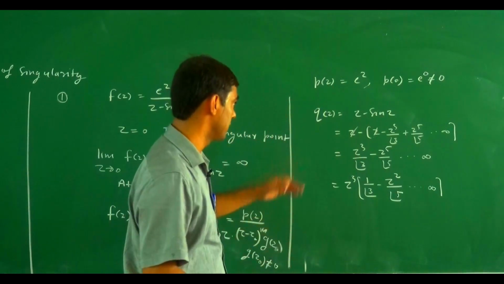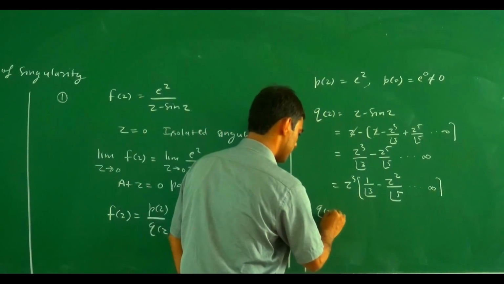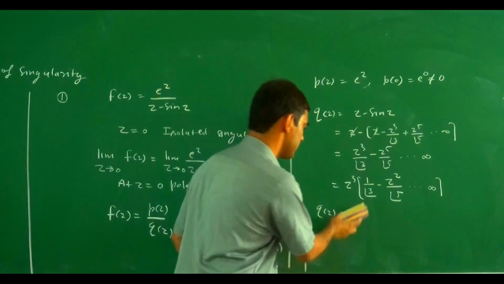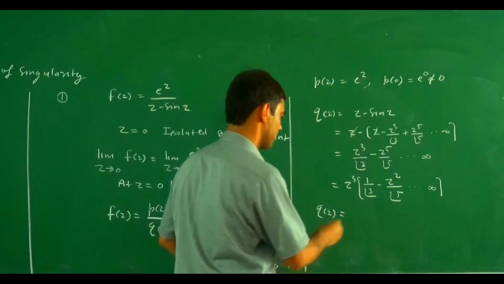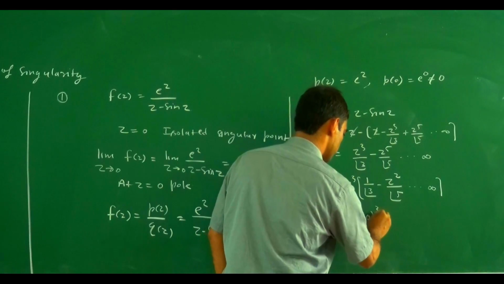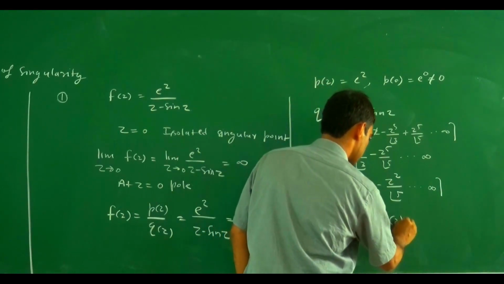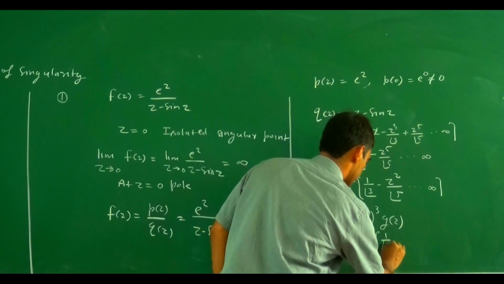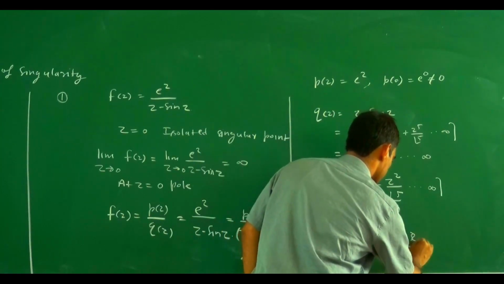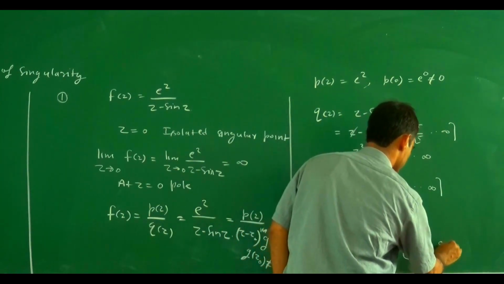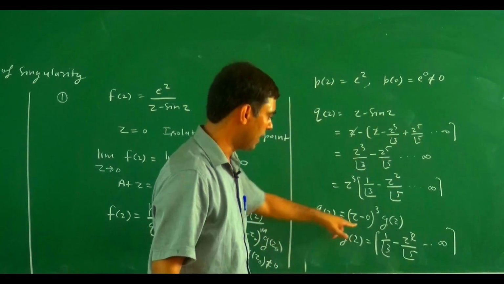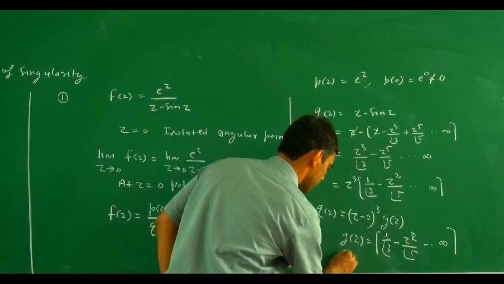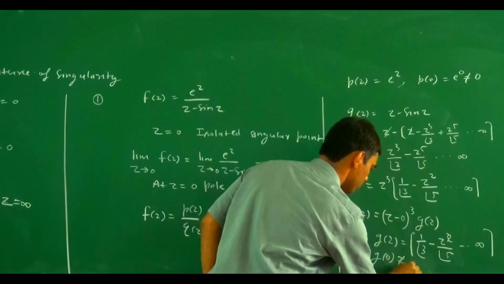So now we are able to write q(z) equals (z minus 0) whole cube times g(z), where g(z) becomes 1 upon factorial 3 minus z squared upon factorial 5, with an infinite number of terms. At z equals 0, because we examine the singularity at z equals 0, g(0) does not equal 0.